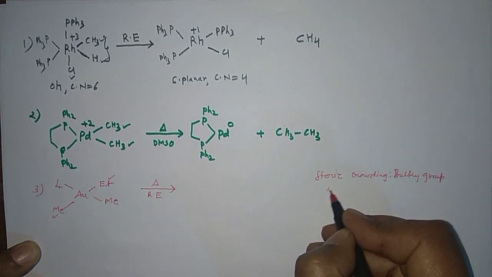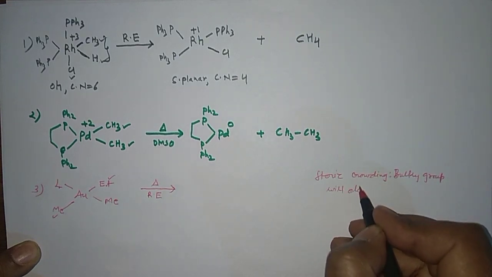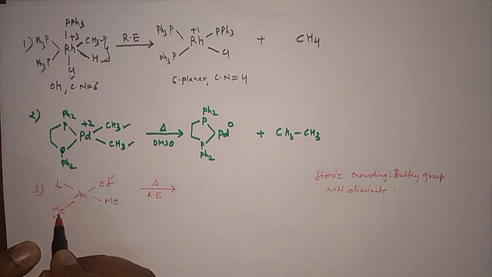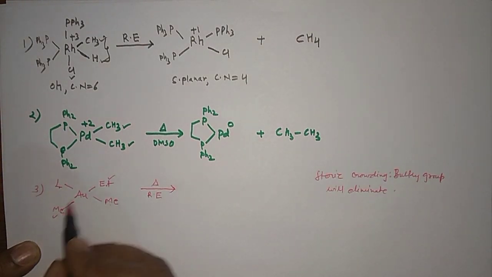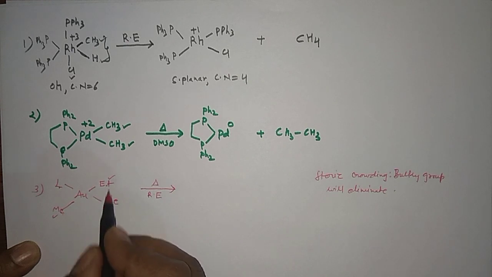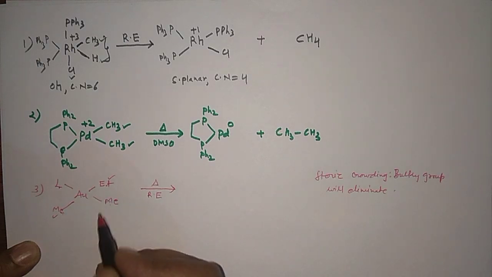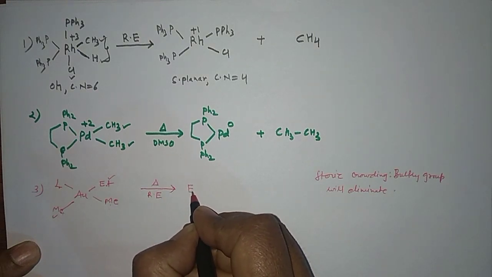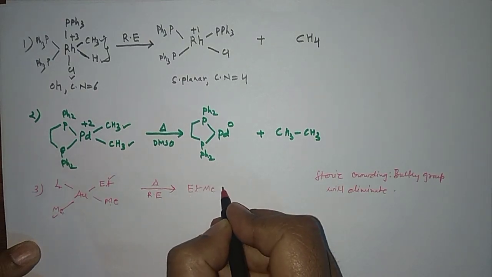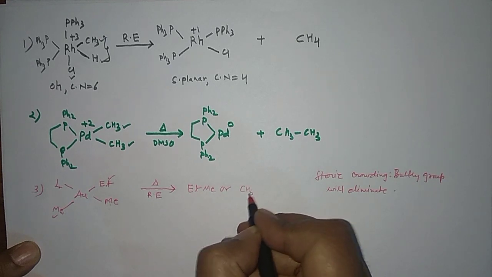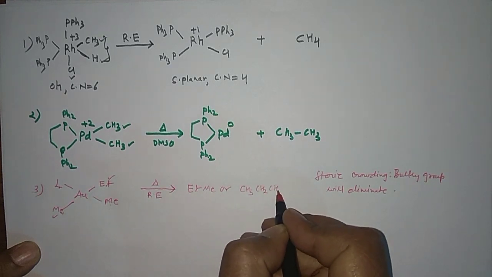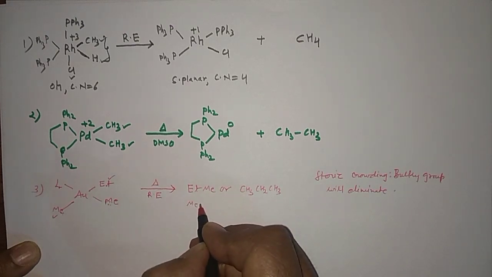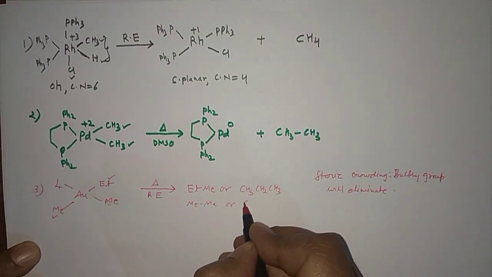These two have a cis relationship, and these two also have a cis relationship, so you have two options. First you can remove EtMe. What is EtMe? CH3CH2CH3, propane. And you can remove these two Me, that is Me and Me. What is Me?